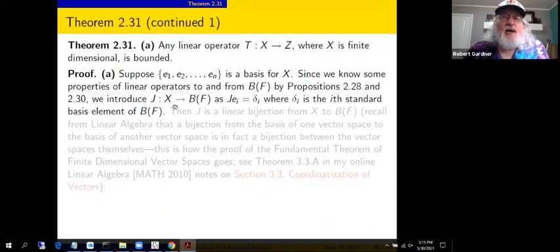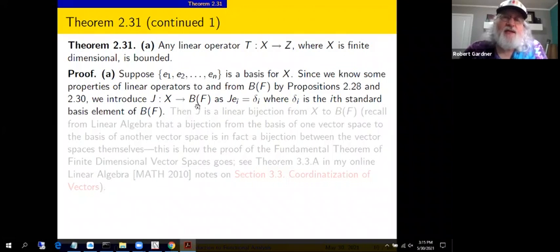So define J mapping X into B of F as J of E sub I equals delta sub I. Delta sub I were those basis elements we considered when we were looking at bounded functions on the set F, being the set of vectors 1 through capital N we used at that stage, but no problems there.